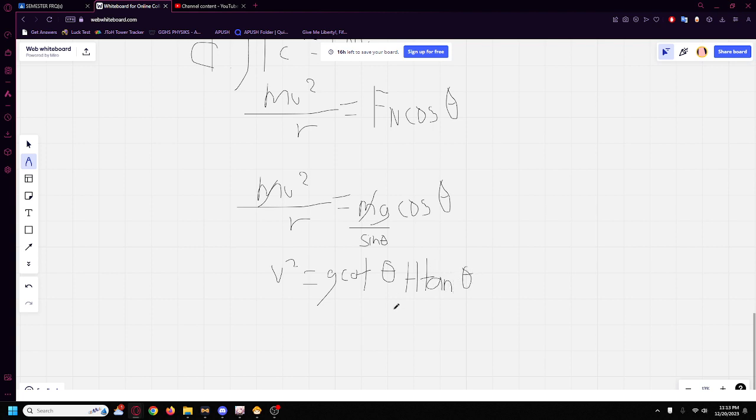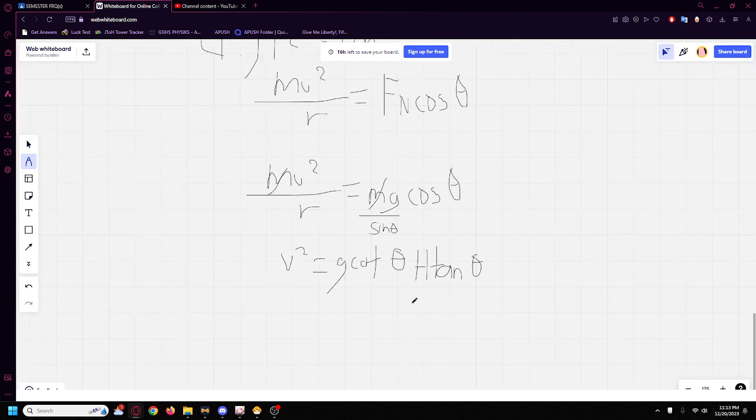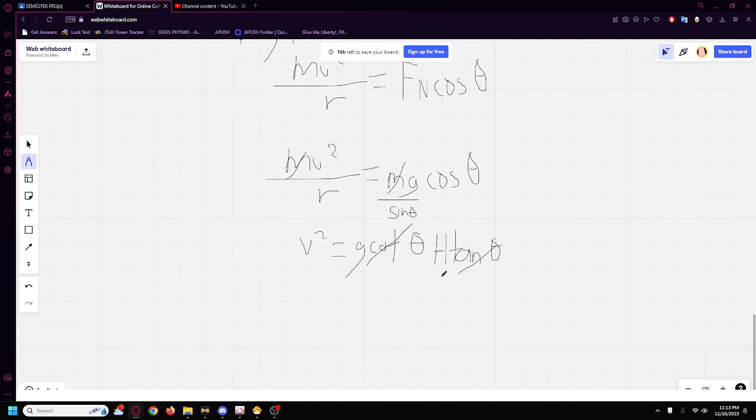And tan and cotan cancel out, because cotan is cosine over sine, tan is sine over cosine, and they both cancel out. So v squared is equal to gh, and that means that v is equal to radical gh.